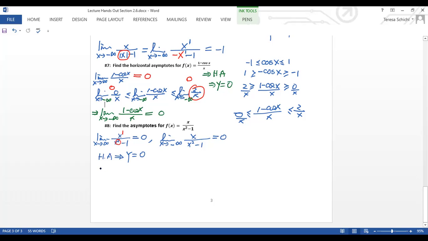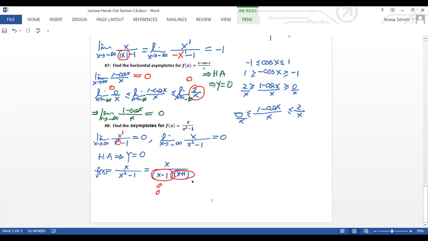Okay, so now let's take a look at the vertical asymptote. If you still remember, the vertical asymptote is where my denominator becomes 0. If I factor this, this will give me x minus 1 times x plus 1, right? So we know the vertical asymptote is where your denominator equals 0.